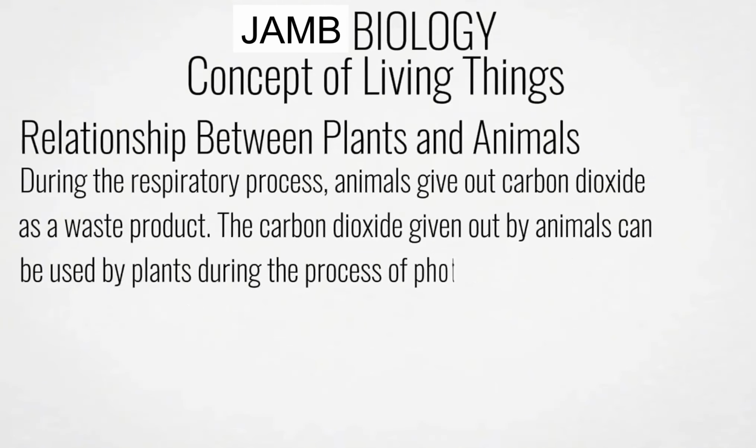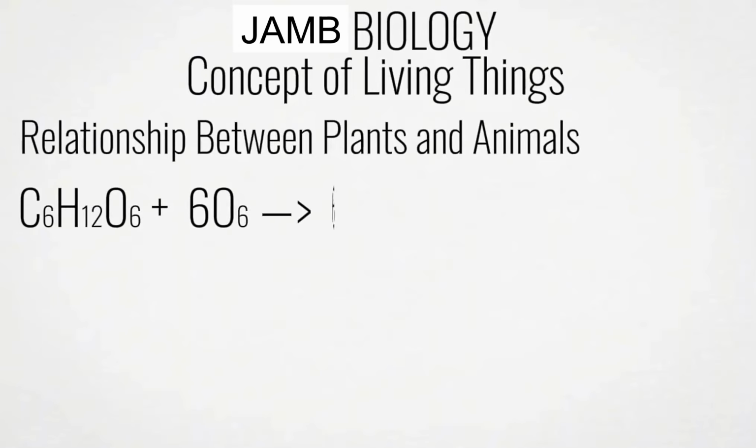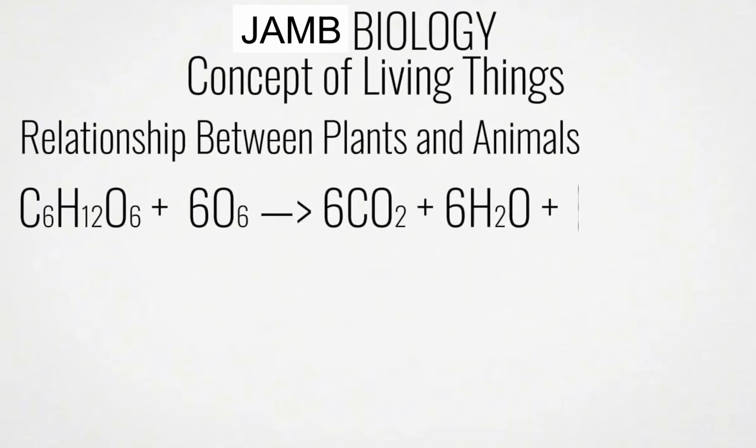So we can write a chemical equation with these. So glucose, which is C6H12O6, plus 6 molecules of oxygen, will give us 6 molecules of carbon dioxide plus 6 molecules of water plus energy.